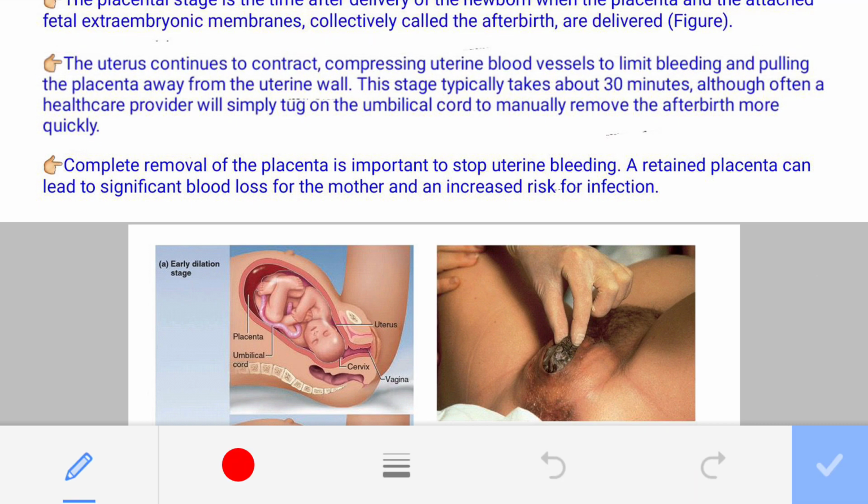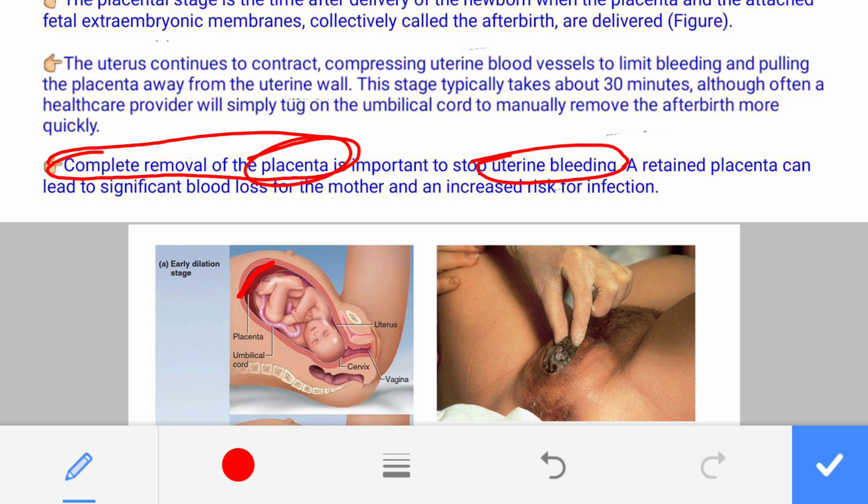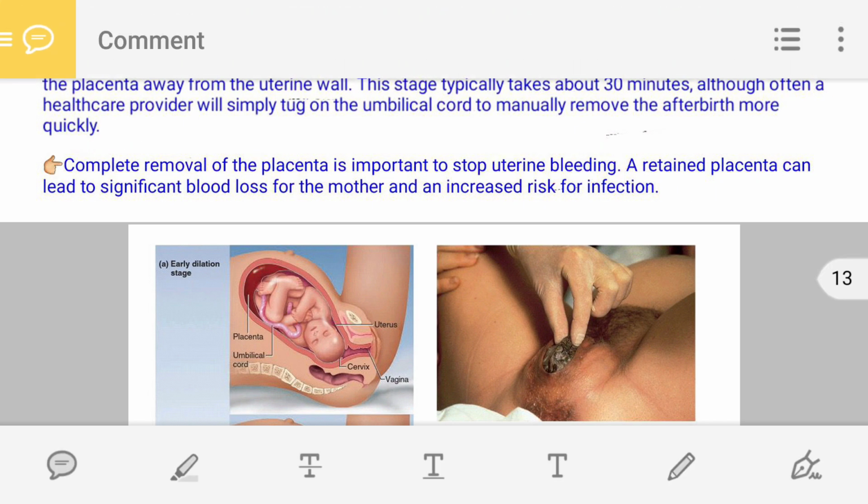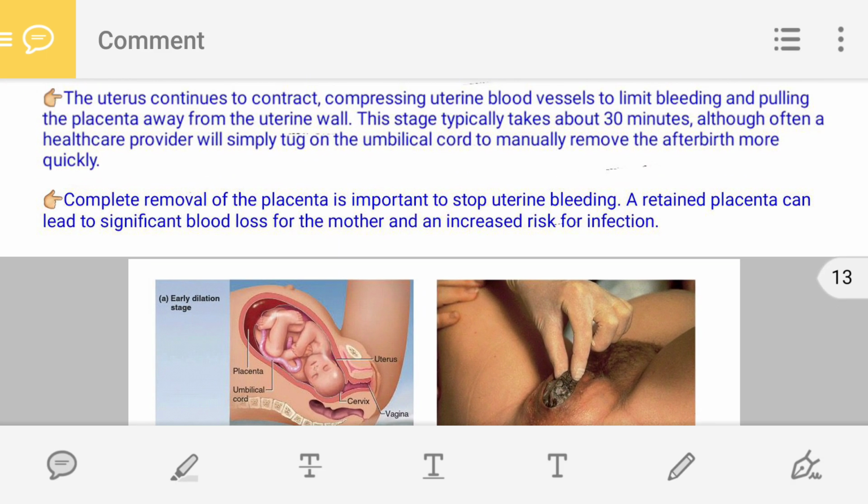Now, the complete removal of the placenta is very important. Otherwise, if some part of the placenta remains attached to the uterus, what happens? The uterus will continuously bleed. So it is very important that the persons involved in the parturition process, with all care taken, remove the umbilical cord and the placenta, so that the mother's uterus will not bleed.